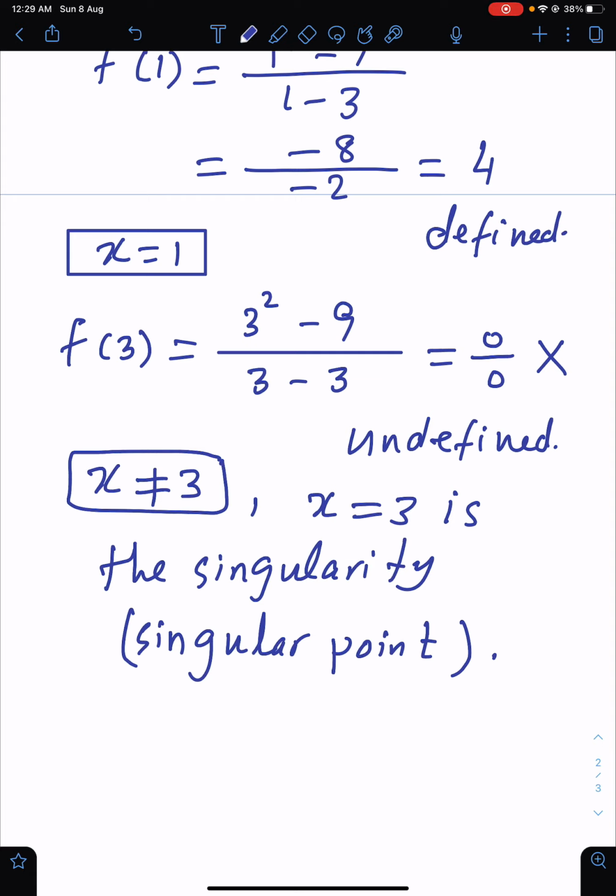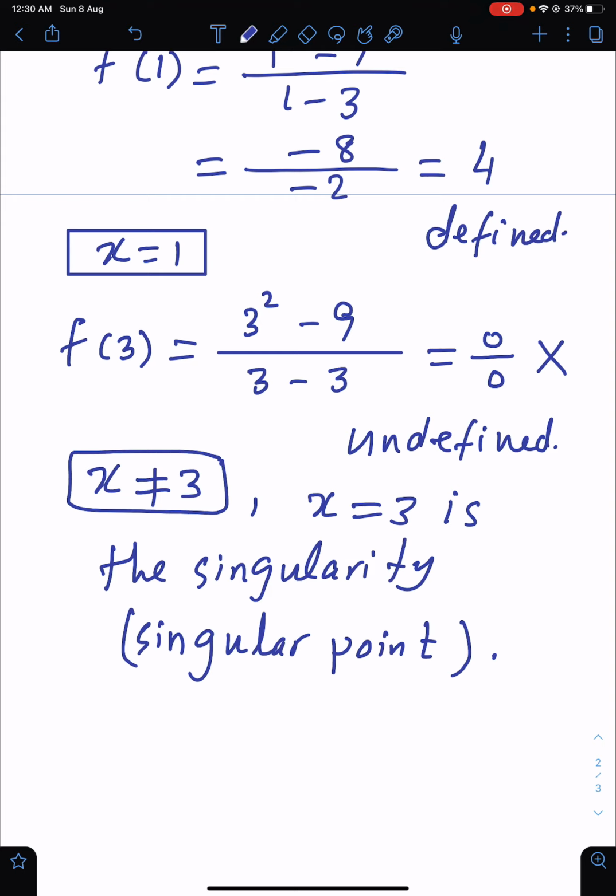And whenever we get 0 divided by 0, in this case, the limit actually does exist, but it is not continuous at 3, and we're going to be talking about existence and continuity later. Okay. So, x cannot equal 3.